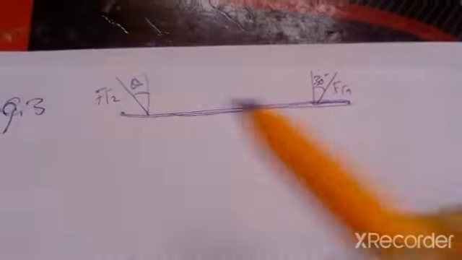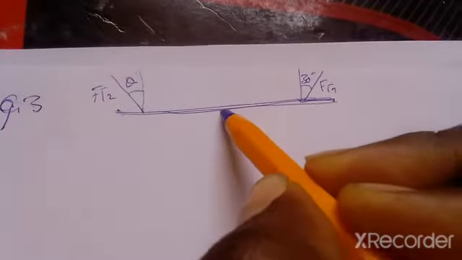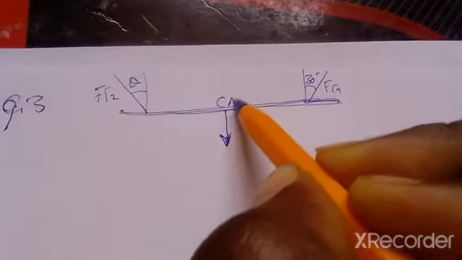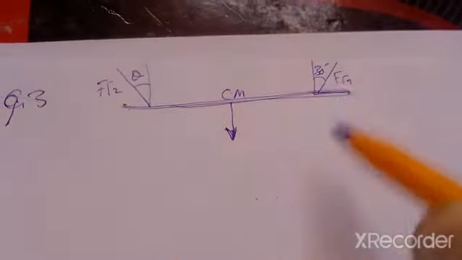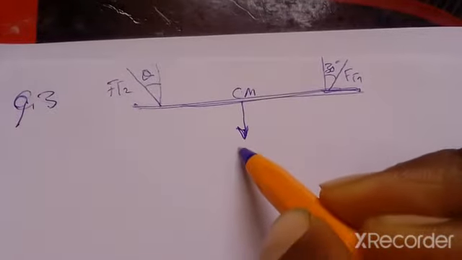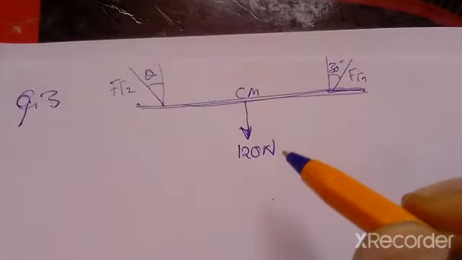So we'll take the mass of this rod or board to be concentrated at the center of mass, which is at the center of the board. Since it is 120 newtons, the weight is going to be 120 newtons.